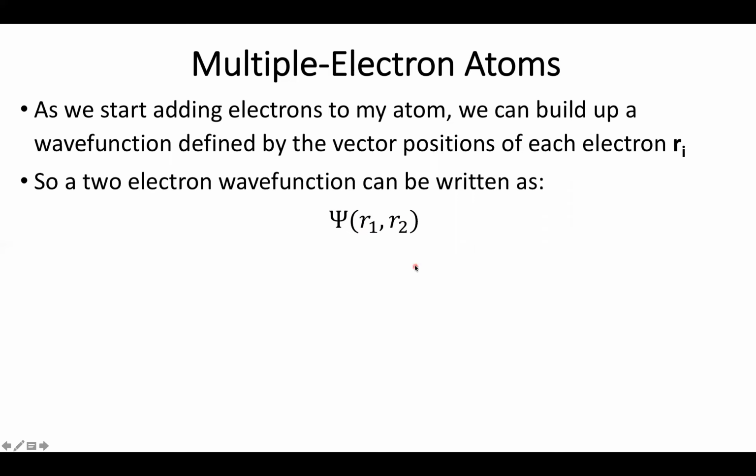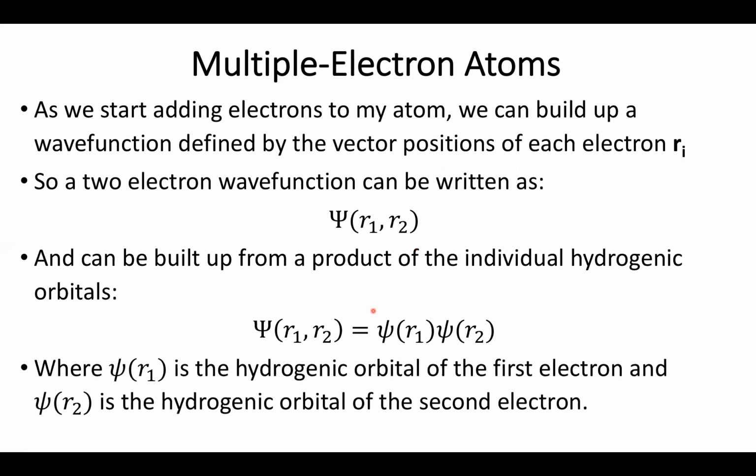Now I need to come up with a clever way to treat this system. Our first instinct, and it's actually a pretty good one, is that these two electrons should theoretically have independent positions. If the positions are treated as independent, then I should be able to build up my total wave function from a product of my individual orbitals.